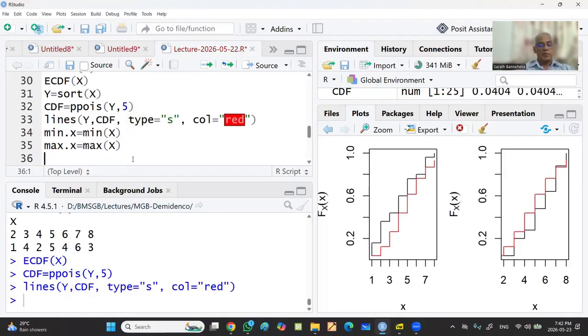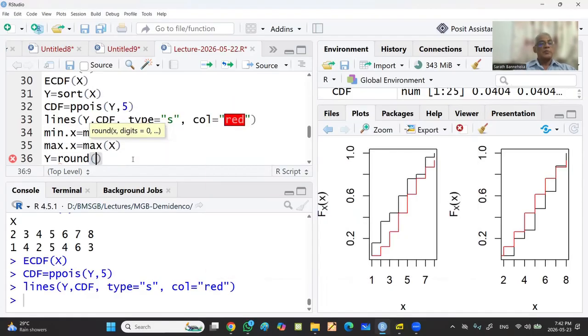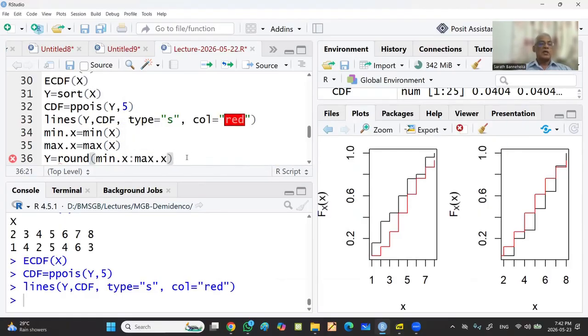Now I will take my y to be all the rounded values between min.x and max.x. That gives me all the possible integers, not only the values observed in my data set, and I will round them.